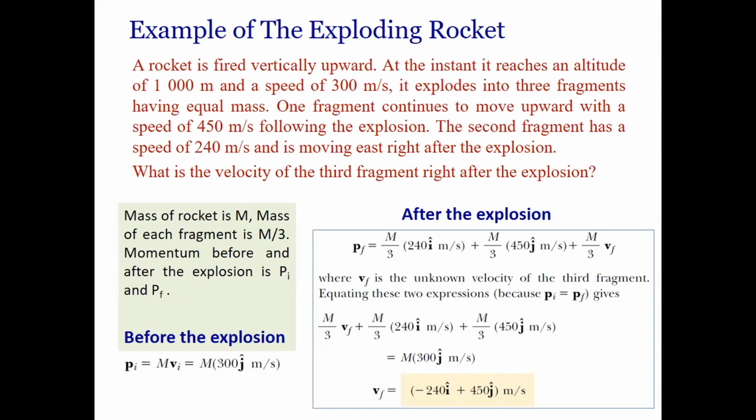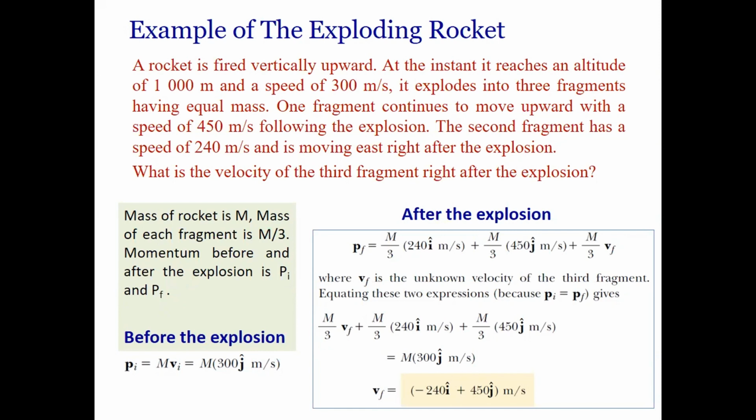Then the question is asked: what is the velocity of the third fragment right after the explosion? So many things have been given and we are asked to use that information in our solution.